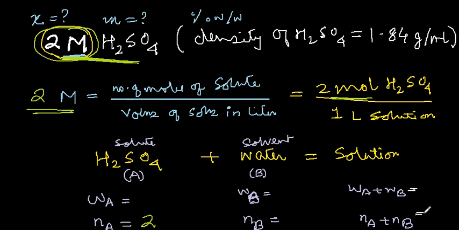We don't have the weight of the solute, the weight of the solvent, the number of moles of the solvent, the total mass of the solution, or the number of moles of the solution. But still we can maneuver around and create the data for this. So let's see how we can do that.